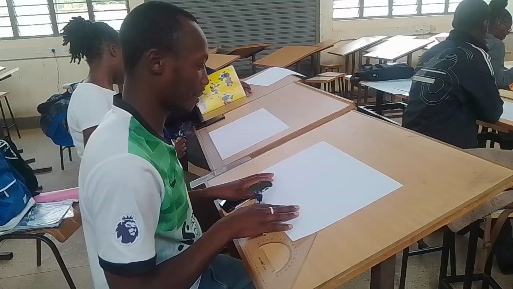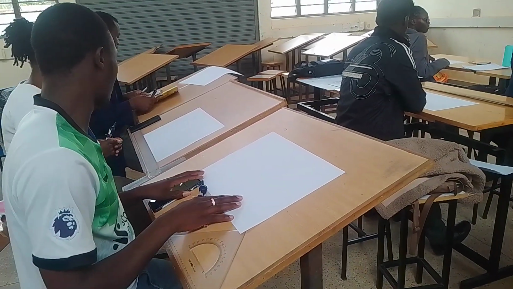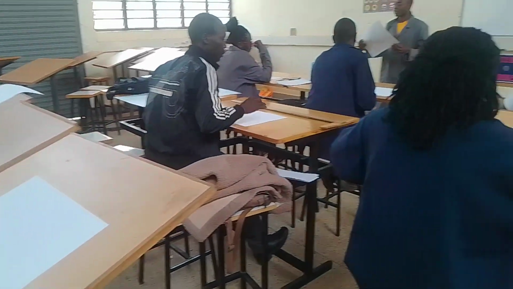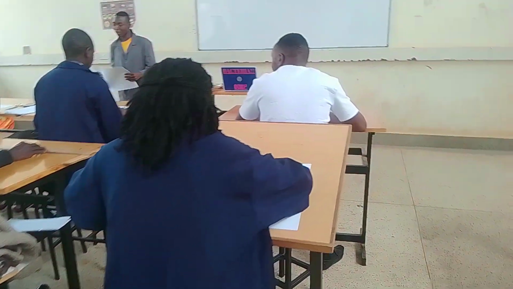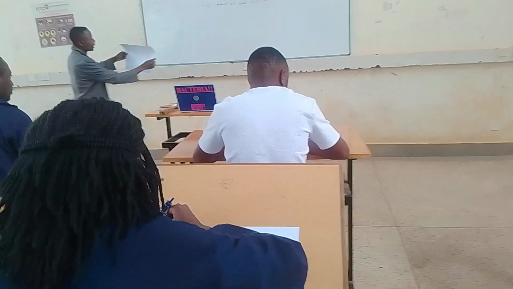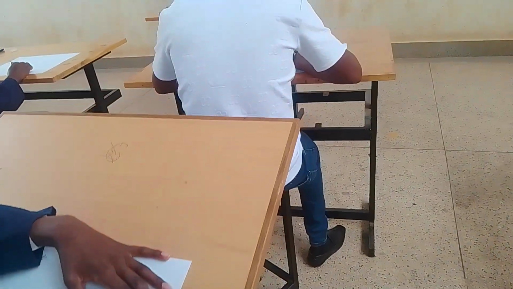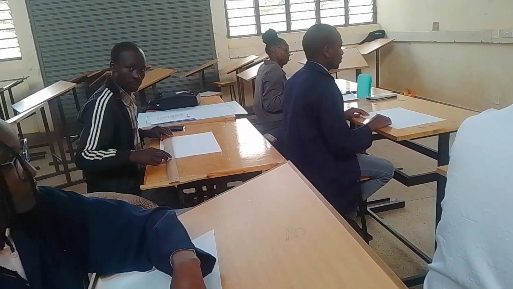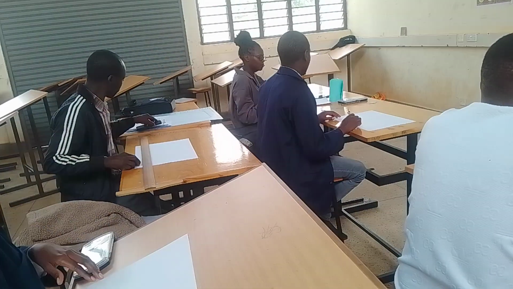Mount it in a landscape way, because in our work we have to mount it in landscape. This is landscape and this is portrait. So in our technical drawing, done manually, we have to mount it in landscape using our T-square.